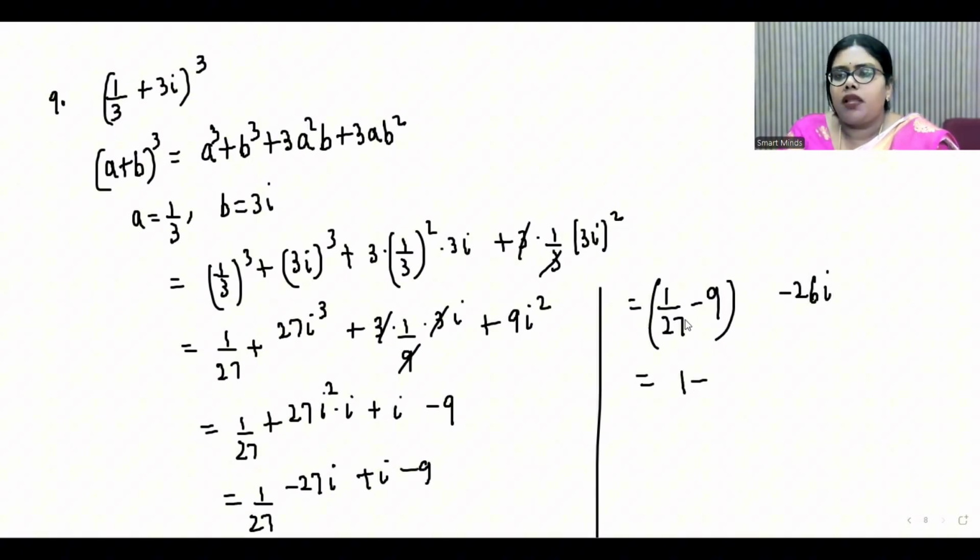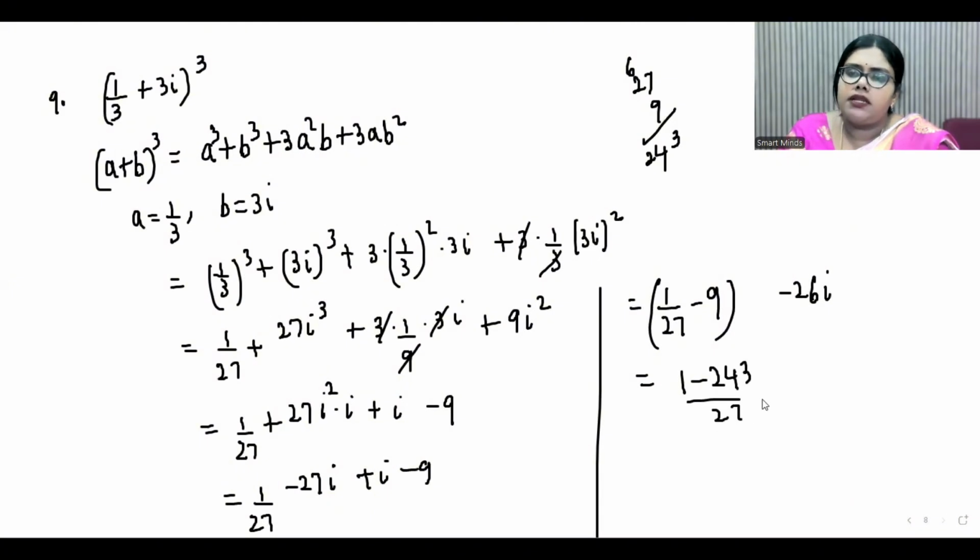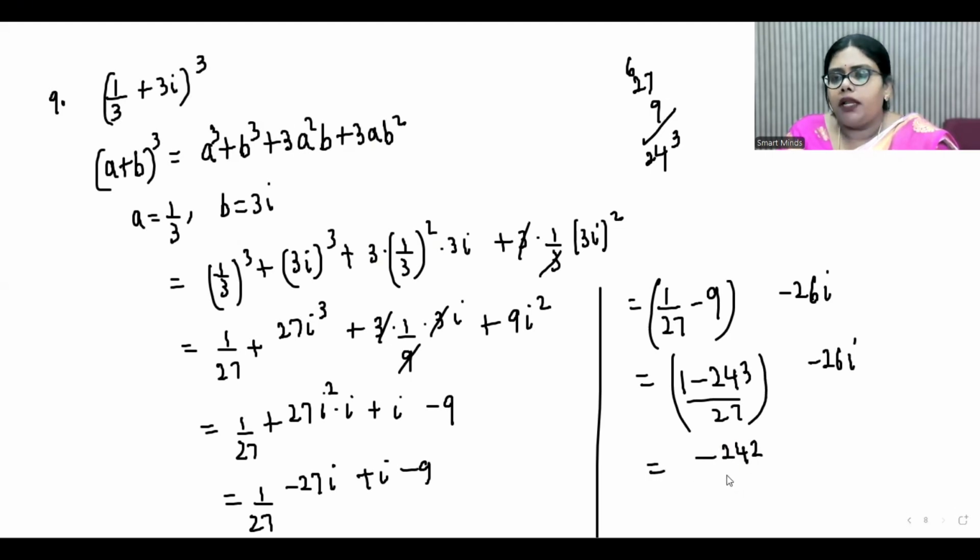So that is 1 minus, what is 27 times 9? It is 63 and 18, 243. So 1 minus 243 by 27 minus 26i. So that is minus 242 by 27 minus 26i.